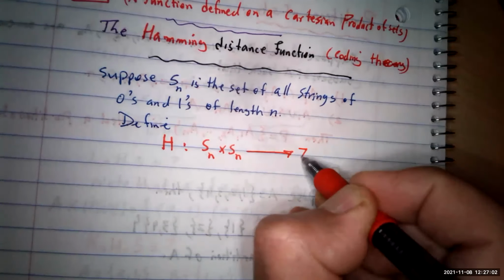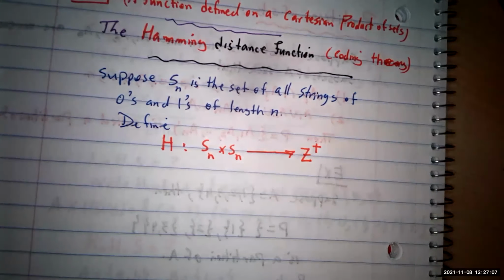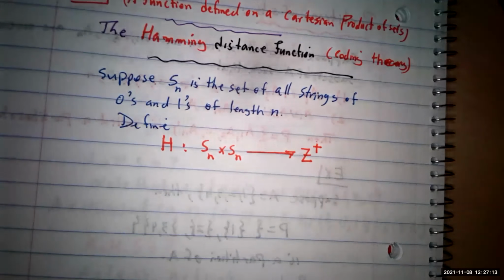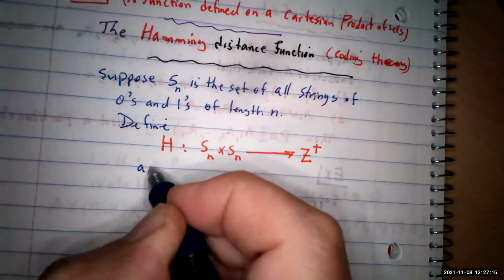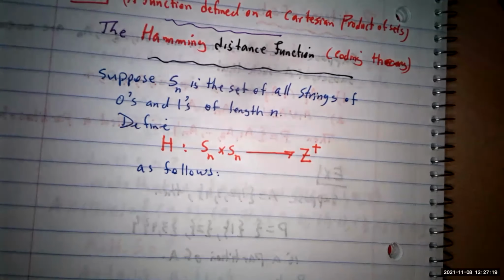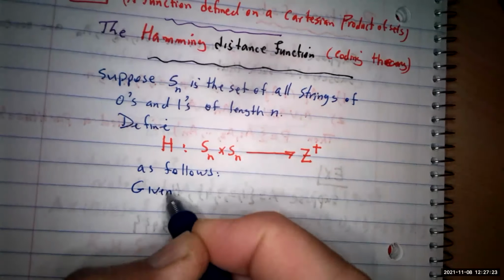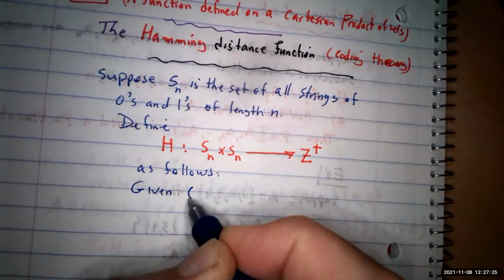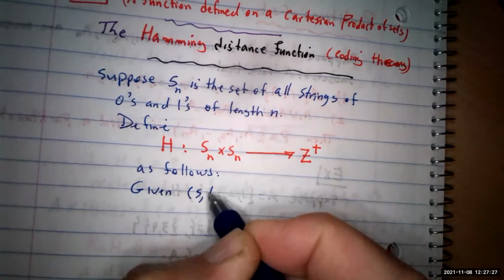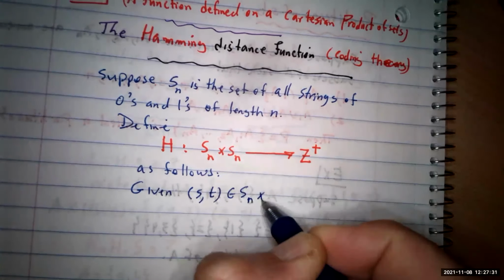Into Z positive. Z positive means natural numbers. Okay, define this one as follows. Given one ordered pair (S, T) in S_n cross S_n.